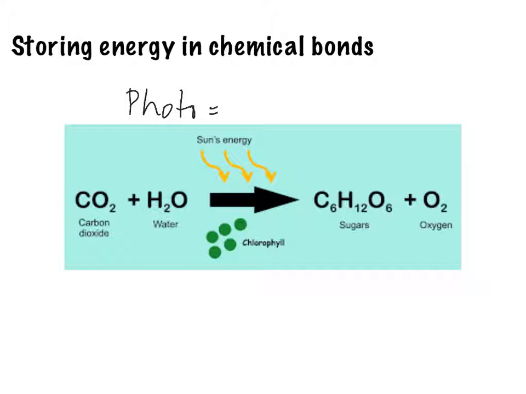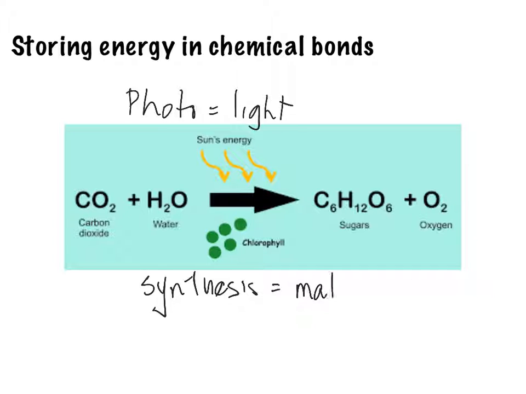Photo equals light, synthesis is about making. So photosynthesis is about making something through light. We're actually making chemicals, and that's really good.